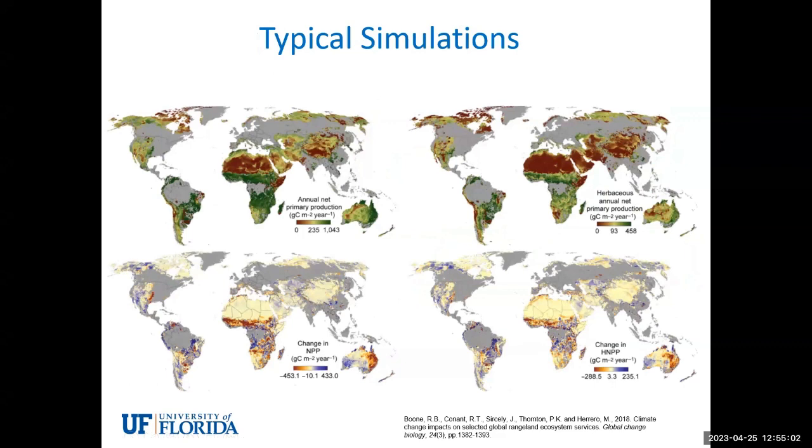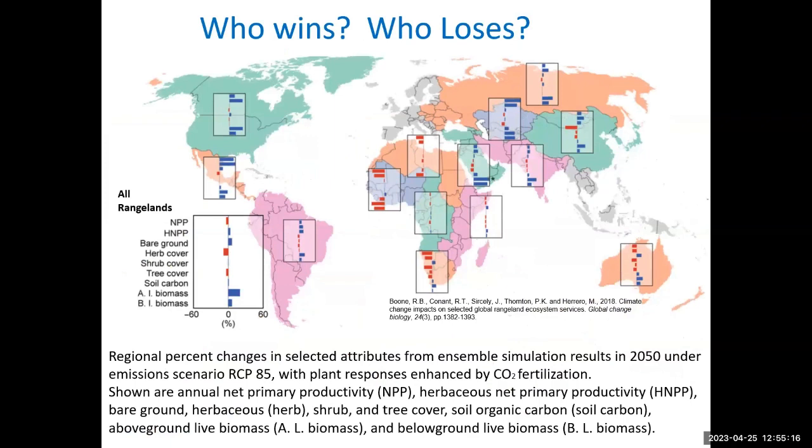And this, again, is well covered in the modeling global change biology paper that Randy Boone and the group did in 2018. I encourage you to look at that, but we've been recreating some of these maps and they're really quite useful. And we've been expanding on this work as well. What Randy did that was really quite nice within that paper is he's looking at basic primary productivity. And we've been looking at this even from a country level.